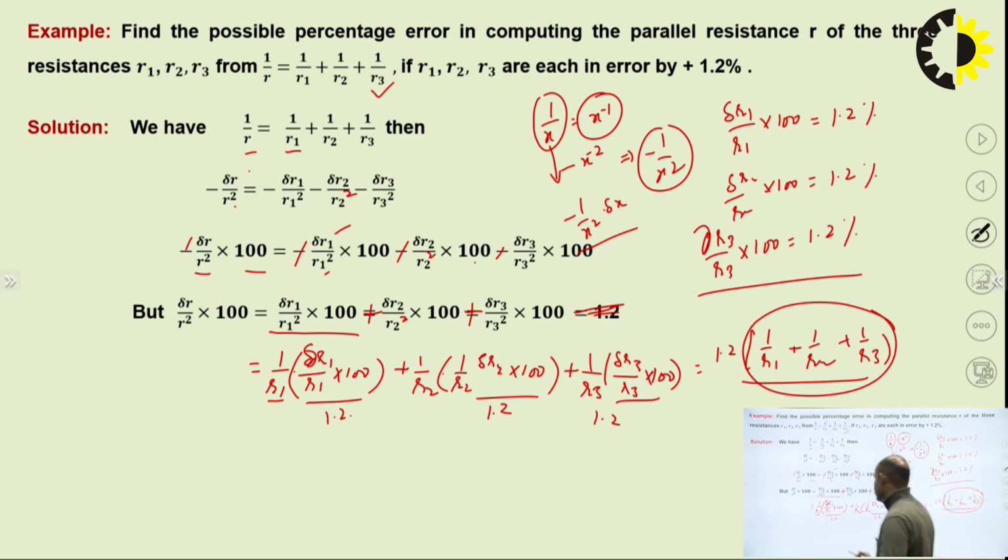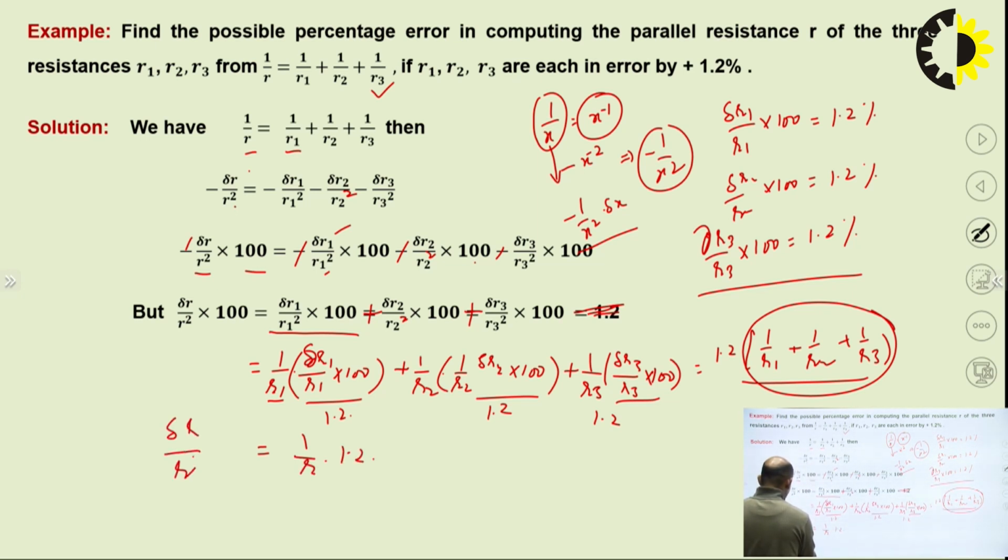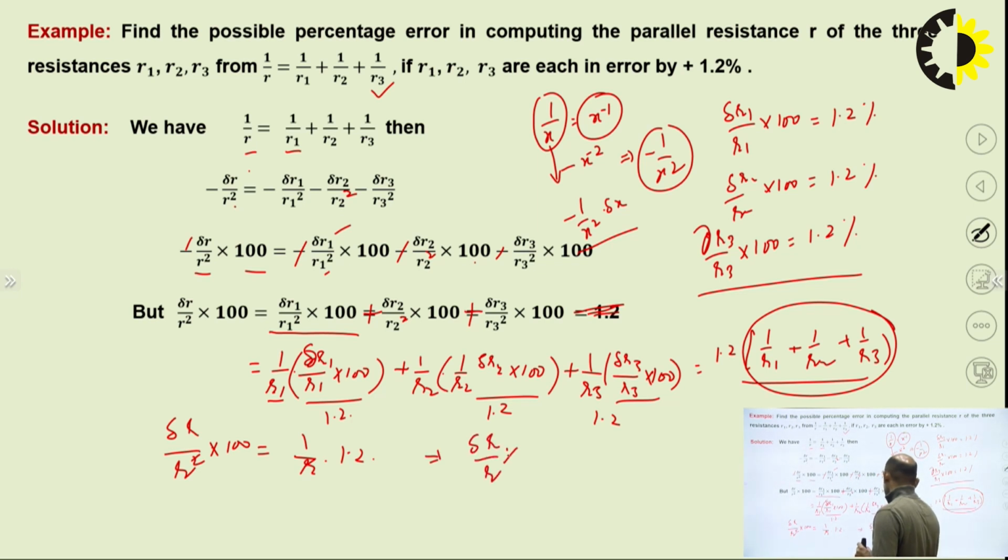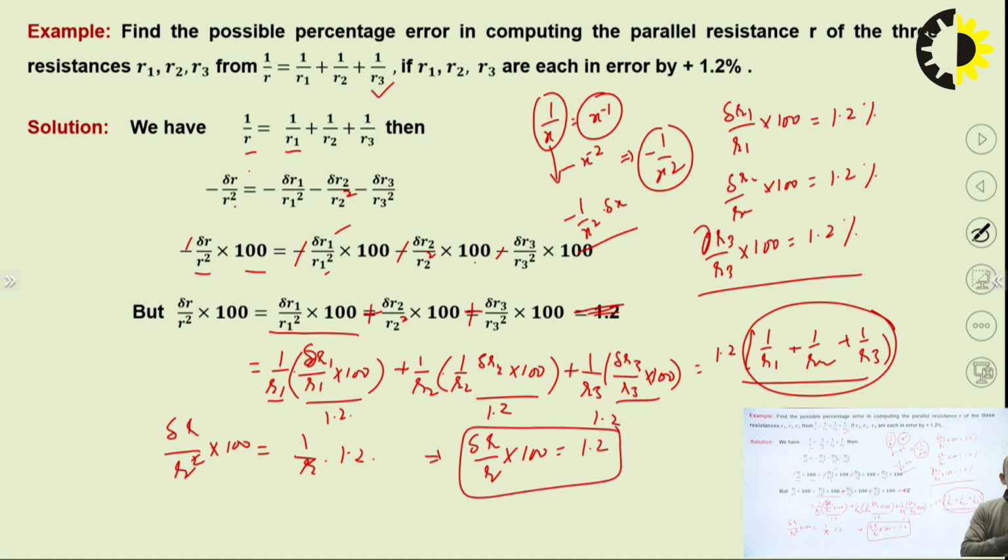So finally we have 1 upon R into 1.2, and the left hand side is delta R upon R square into 100. So 1 upon R is cancelled out here, and finally we get delta R upon R into 100, which is 1.2. So we get the percentage error in R.